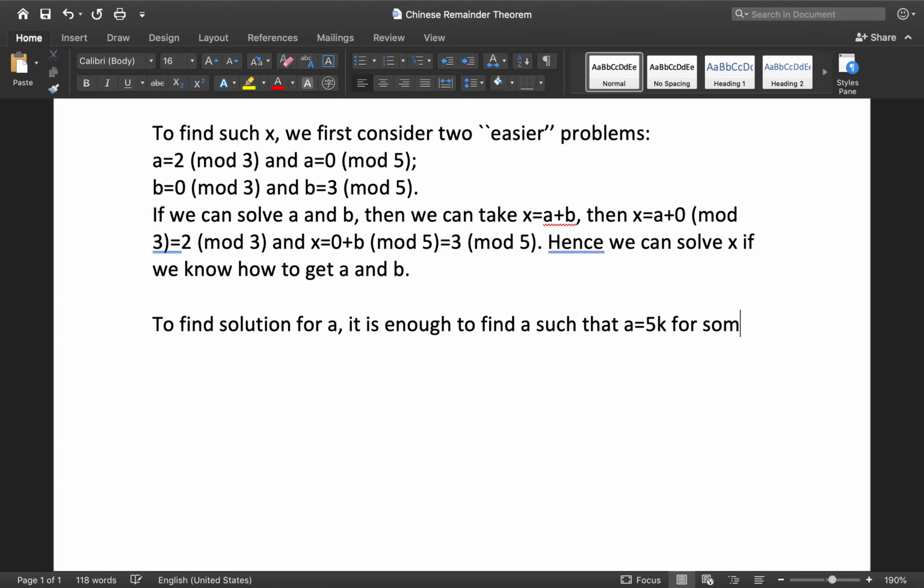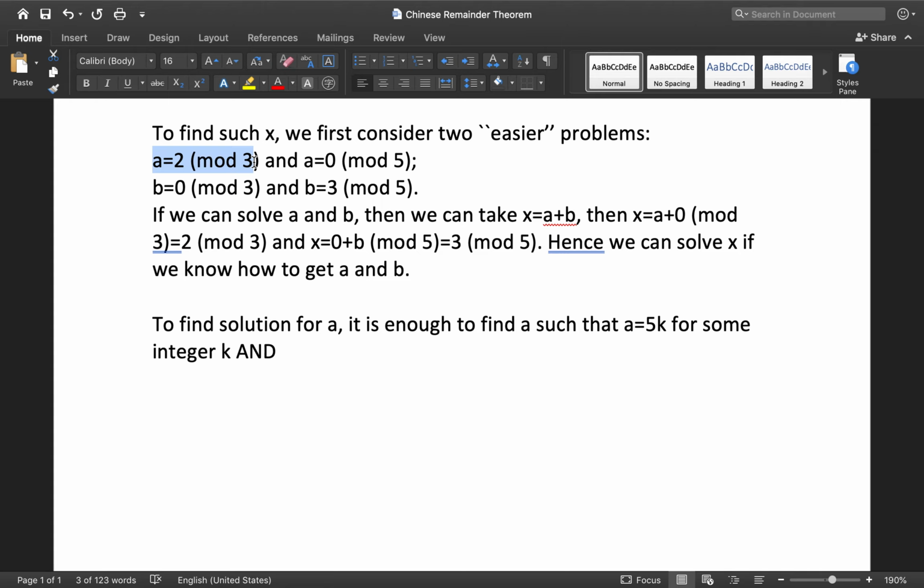for some integer k. Once you know that k, of course, you solve the second equation, but you have to guarantee that it is not just true for the second equation, it is also true for the first equation.